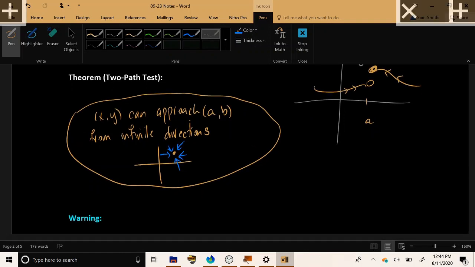So the two-path test enters as a way to quickly tell if a limit does not exist. This is a thought bubble.